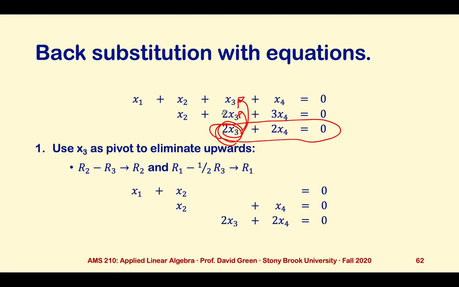How would we do that? We would take R2 and subtract R3 because they both have 2x3. For R1, for equation 1, we would subtract half of the third row, or the third equation, from that, and replace that.